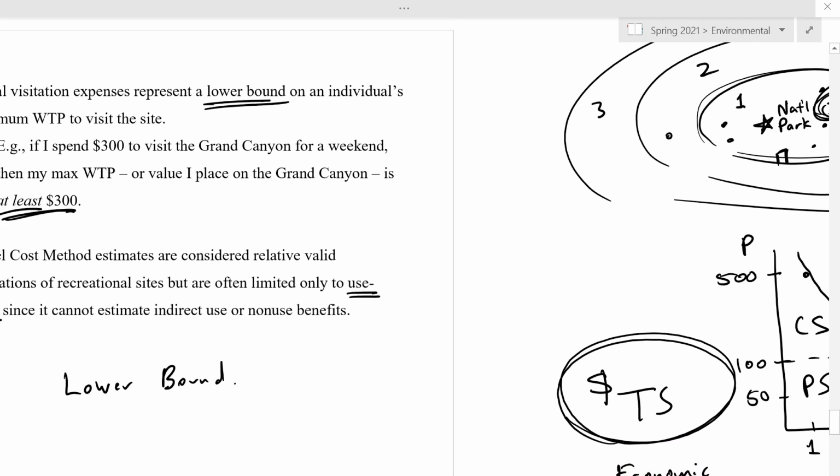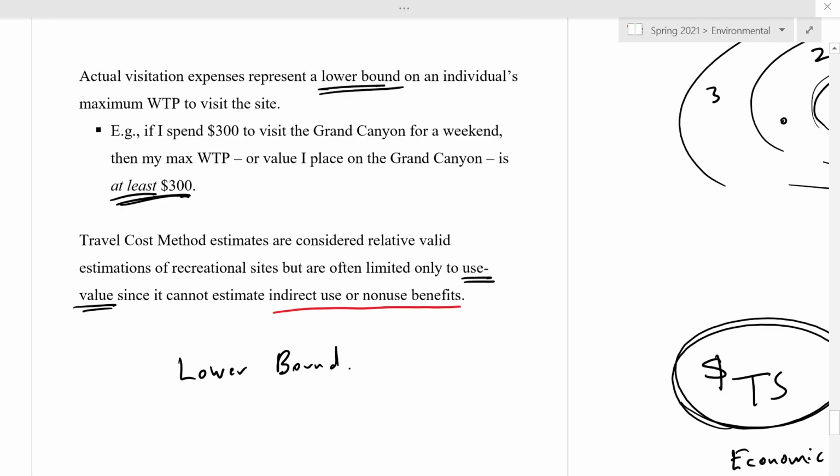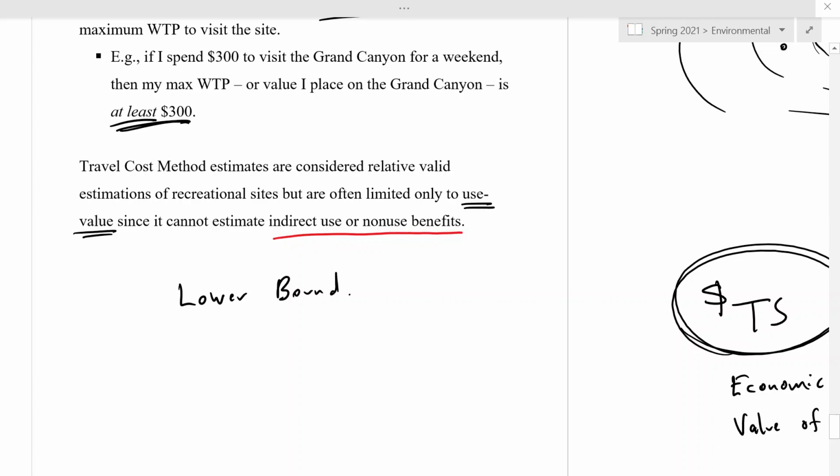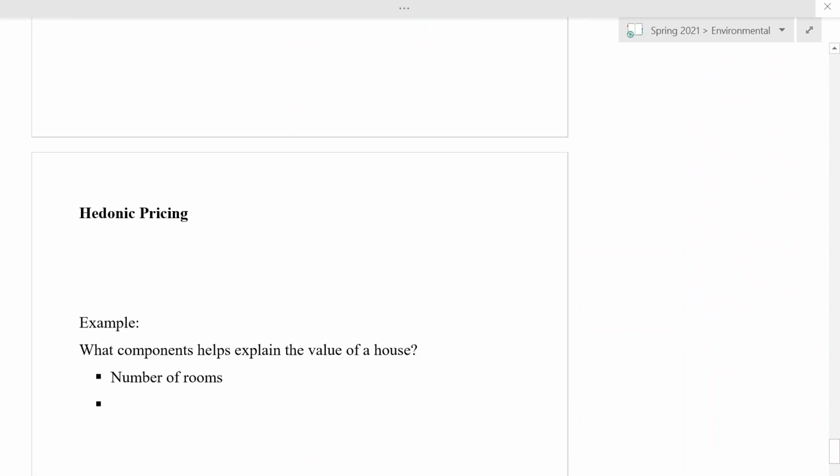So I would say these indirect use and non-use benefits are a little bit harder to get in a travel cost. They could be a little easier to uncover with surveys, stated preferences, but we can try to get a little bit more of these from the last technique, which is hedonic pricing.